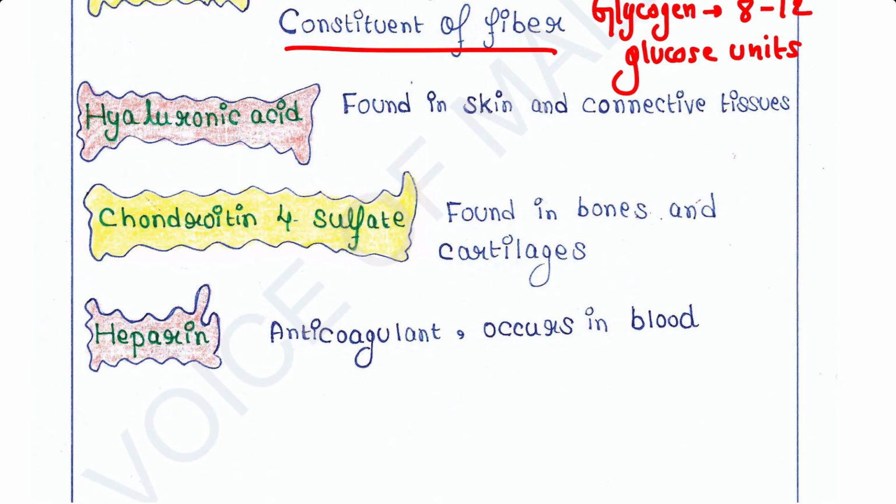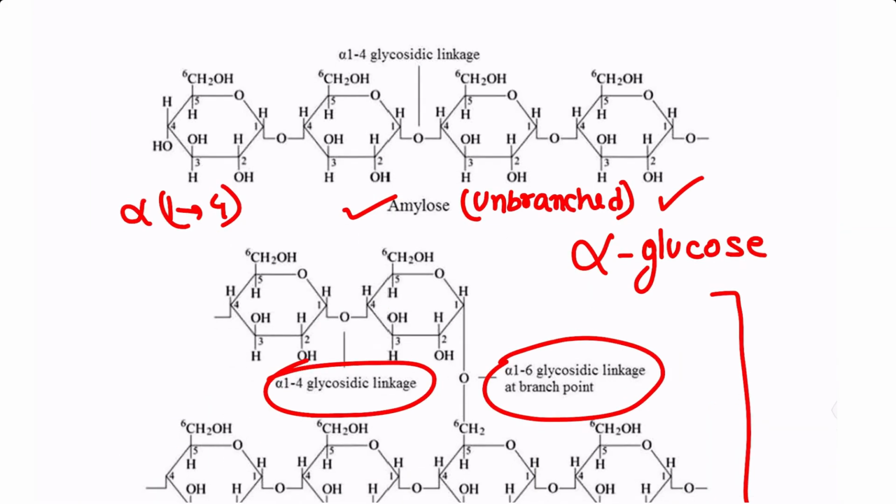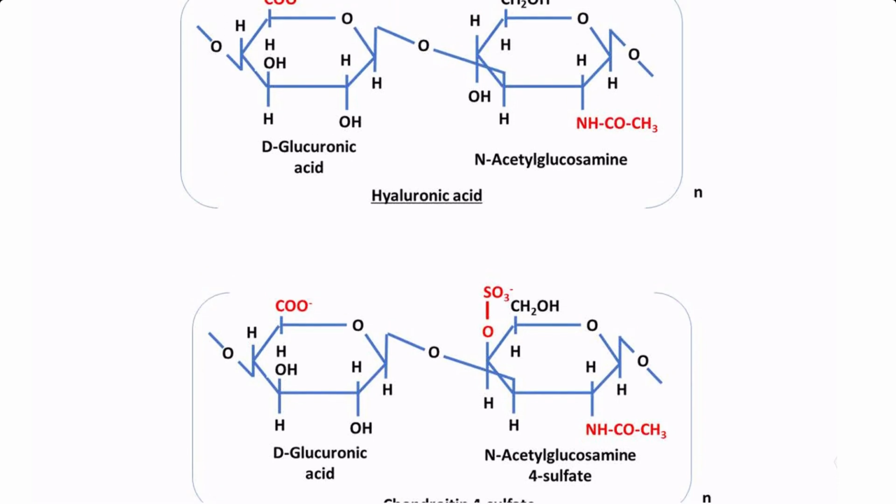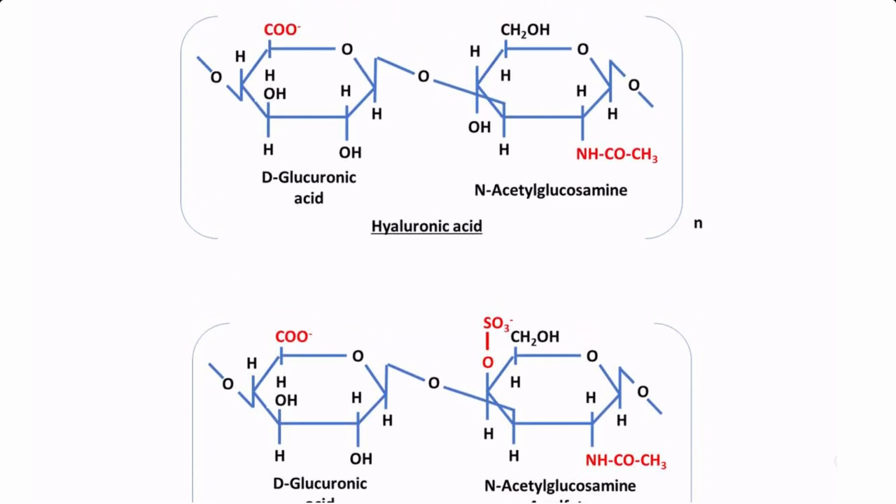Next is hyaluronic acid, which is a heteropolysaccharide. Hyaluronic acid is found in skin and connective tissues. It is composed of D-glucuronic acid and N-acetyl glucosamine.